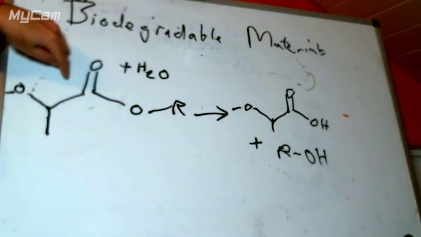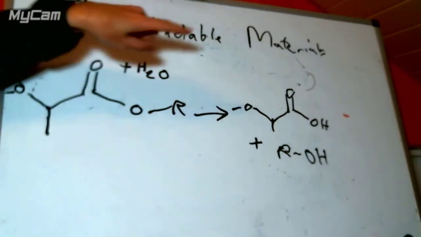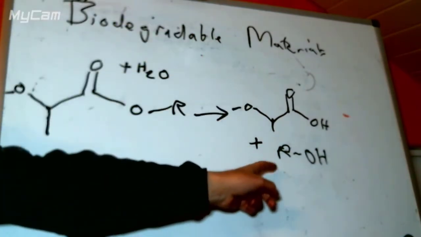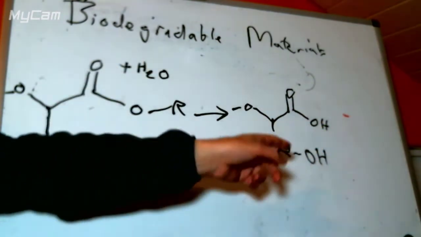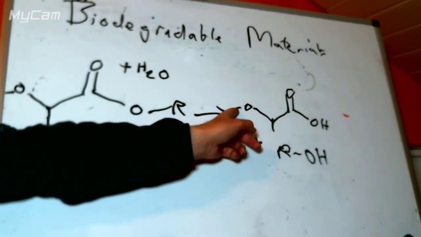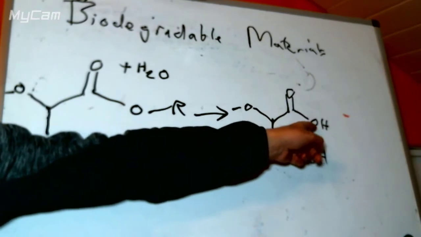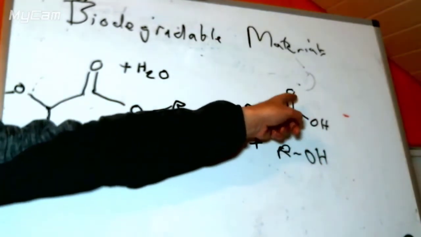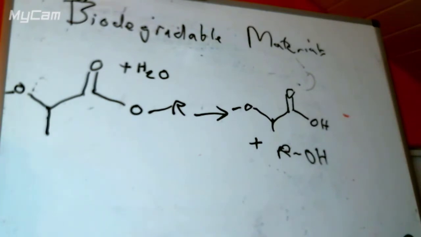In this case, we've got our molecule, our ester, and we're going to add water to it and end up with this, which is an alcohol, ROH, some kind of alcohol, whatever the R is, and we end up with the rest of the molecule, because I haven't drawn it coming to an end here, and this acid group, a double bond O, single bond OH, on a carbon is a carboxylic acid group, so that would be an acid.